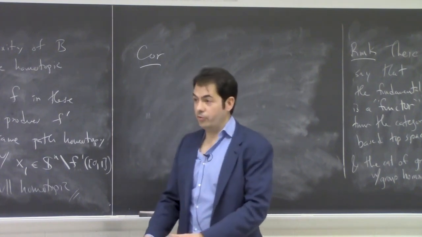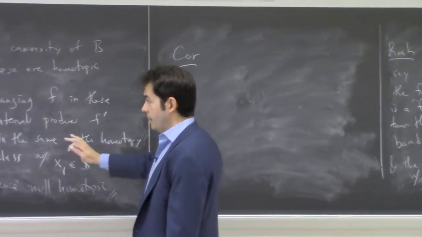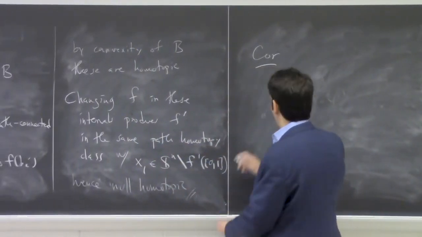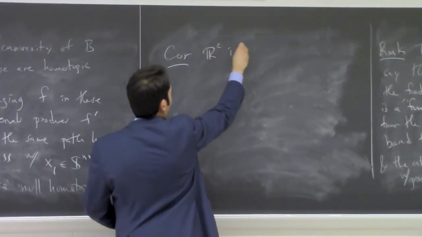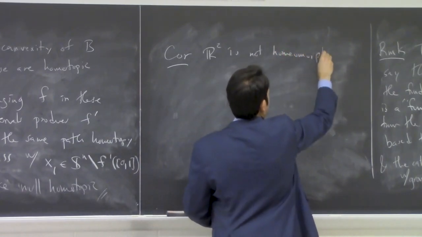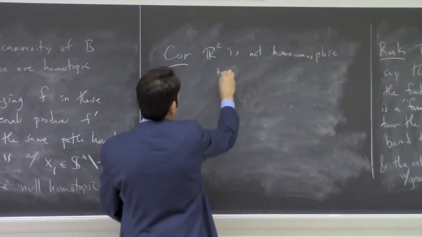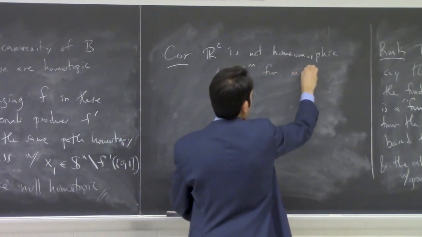So Brouwer was the one who was able to do that. At the moment, our tools are just getting started, so we can do R2. So R2 is not homeomorphic to Rm for m different from 2.